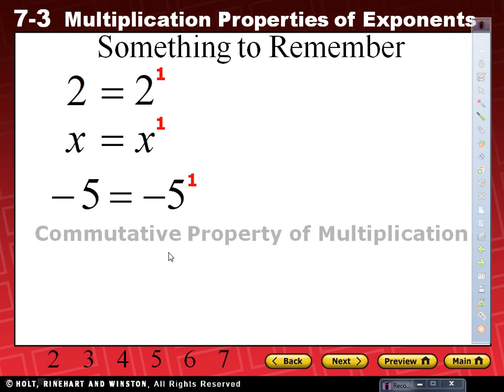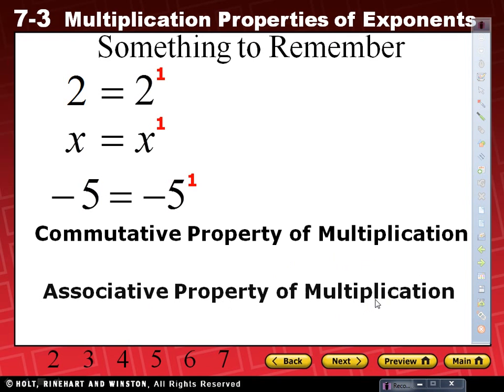We talked about the commutative property of multiplication, which says that when you have numbers and there is multiplication throughout, if you change the order, the product is still the same. The associative property says if there's multiplication throughout and you group numbers differently, the product is still the same.